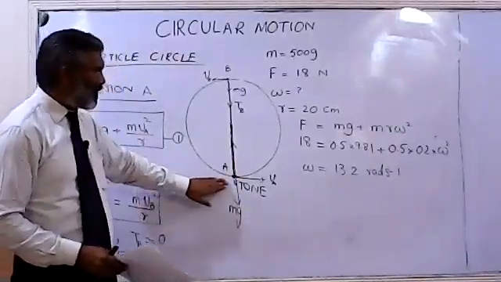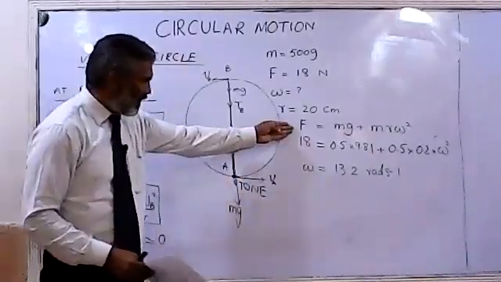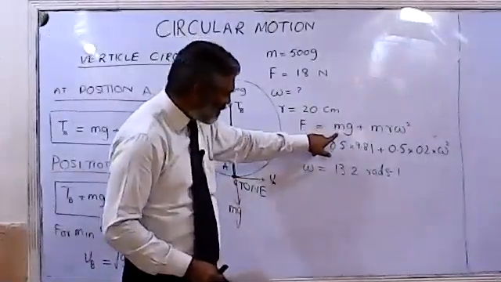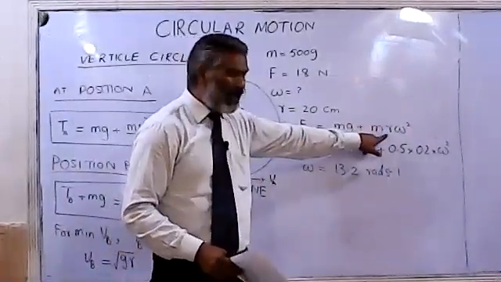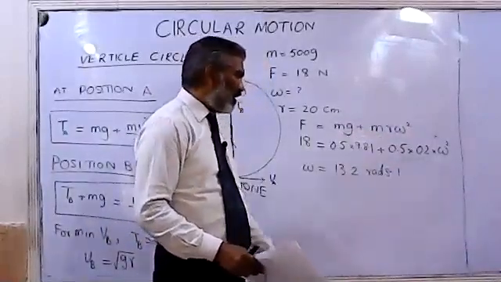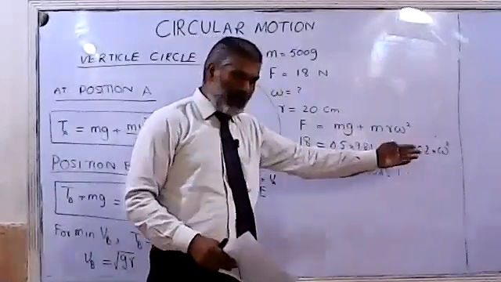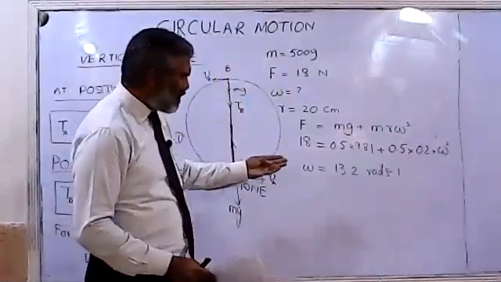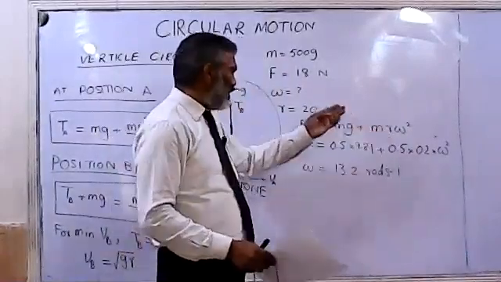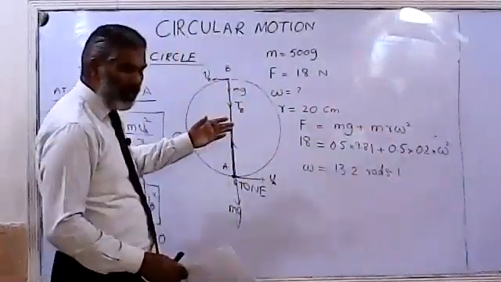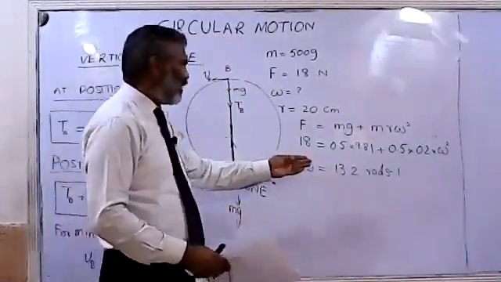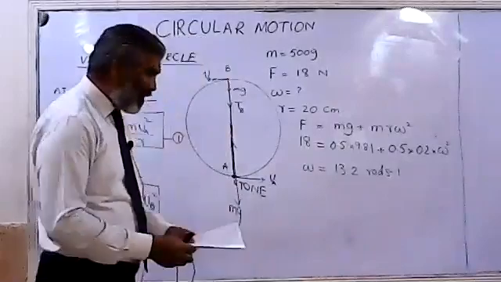And for this position, we can write this equation that this 18 Newton must be equal to the weight plus m r omega square, which is another way of saying mv square over r, because omega is to be calculated here. So when we use the given values here, the mass, the length of the rod, and the force that this glue must provide to this stone so it remains attached, we can work out the value of omega in this way.